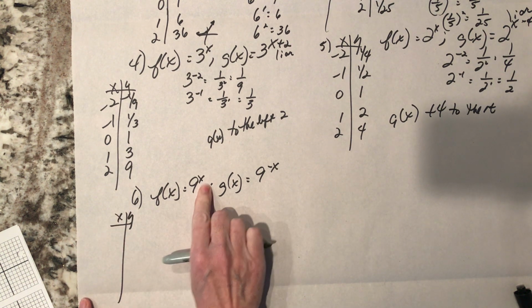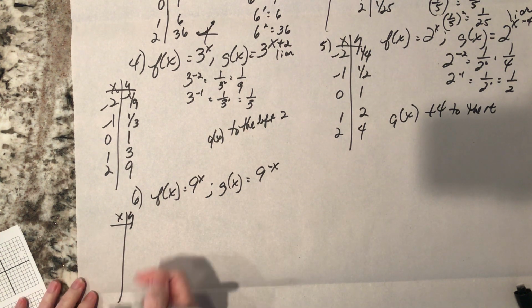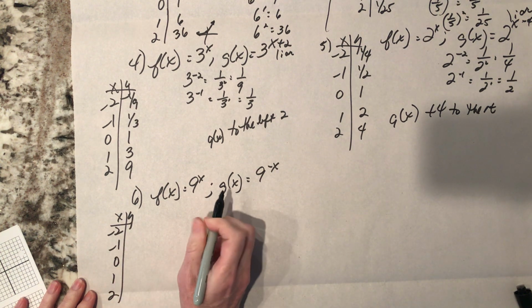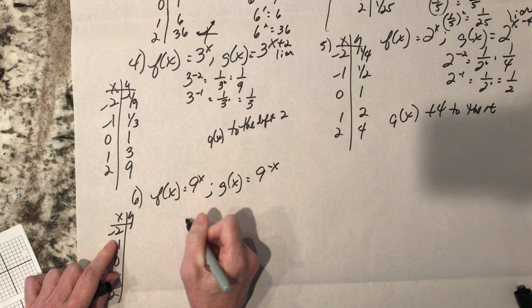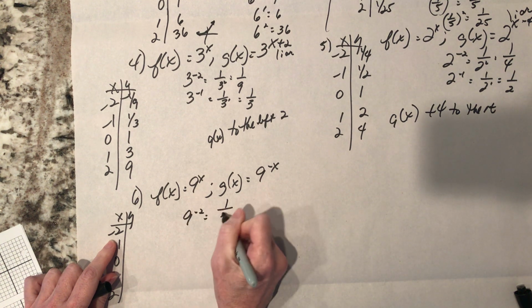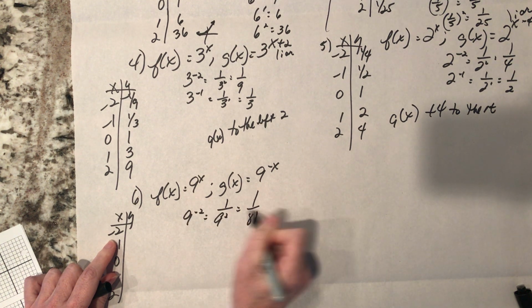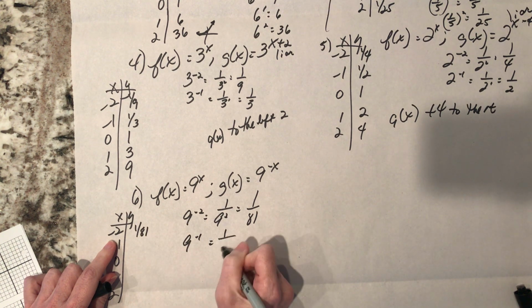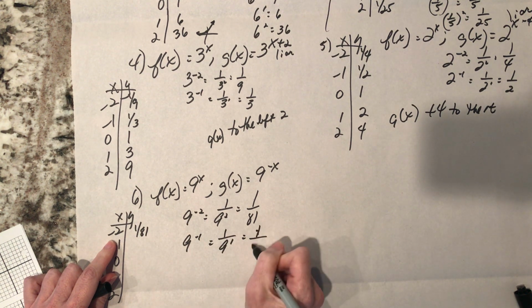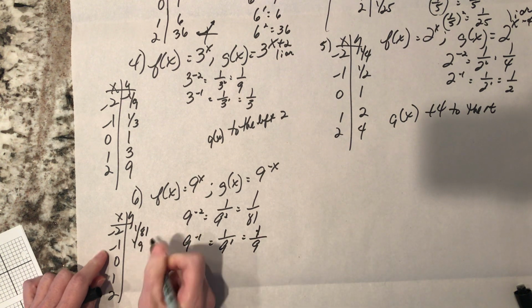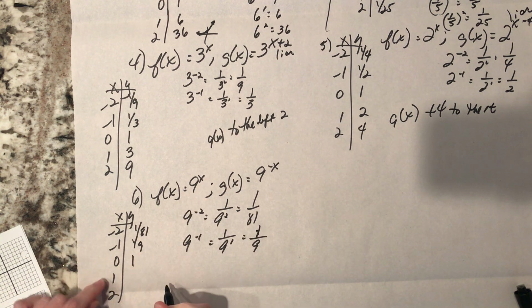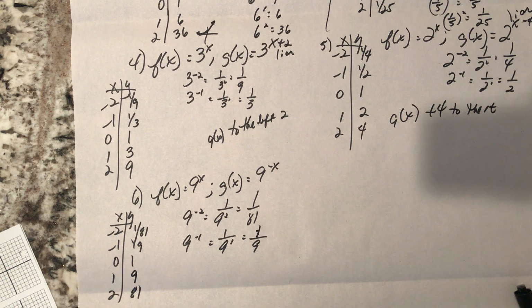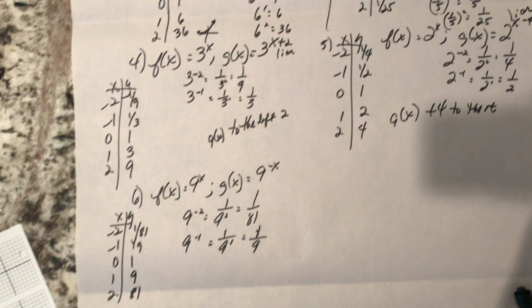X is the exponent, so we want our set of numbers on the x. And that'll drive us to say 9 to the negative 2, 9 to the negative 1, 9 to the 0 is a 1, 9 to the first is 9, and 9 squared is 81. That'll be pretty steep.